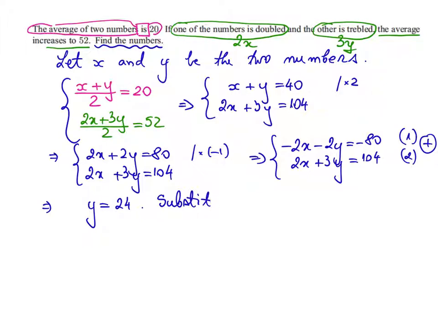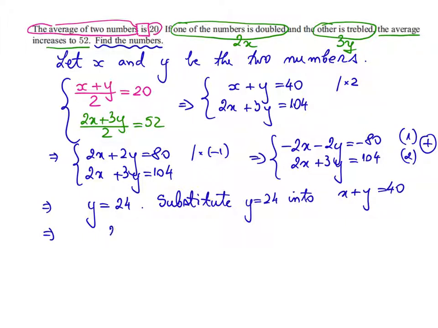Now substitute y equals 24 into that equation here, which seems to be the simplest. That's what connects x and y. So I'm going to put 24 instead of y into x plus y equals 40. Unfortunately, I didn't give it a name, so I can't call it; I just copy it.